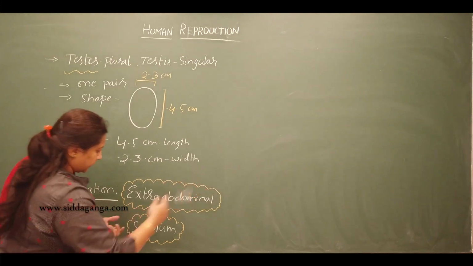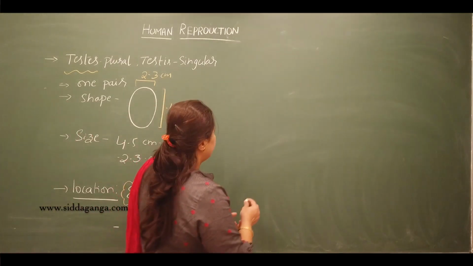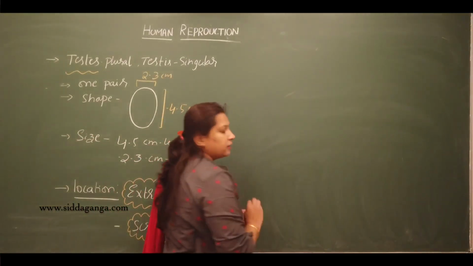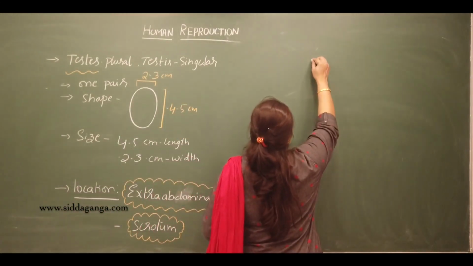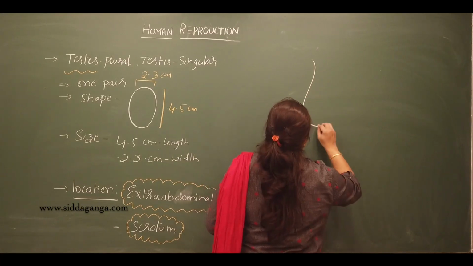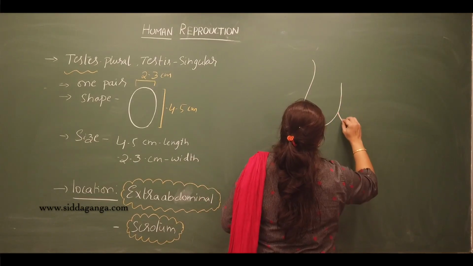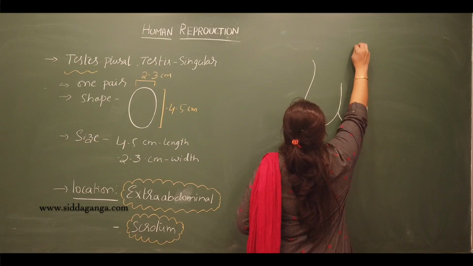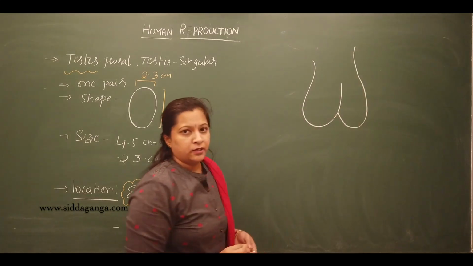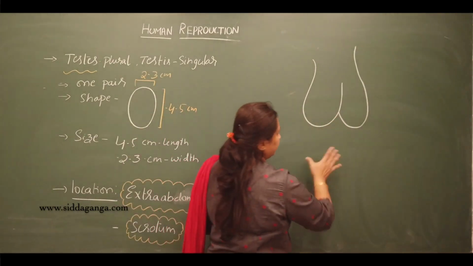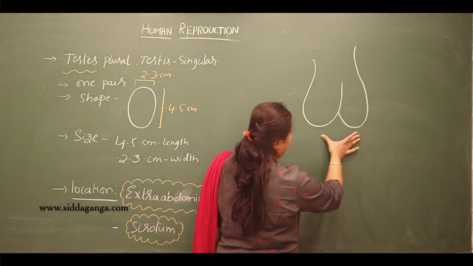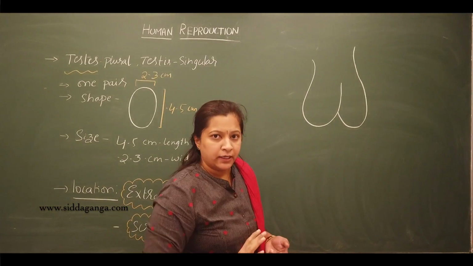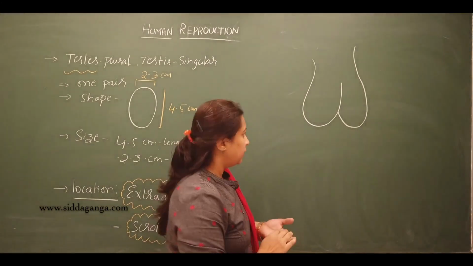So as I said, the scrotum is a pouch-like structure hanging between the 2 legs. It is made up of deeply pigmented skin as well as some muscle layers.